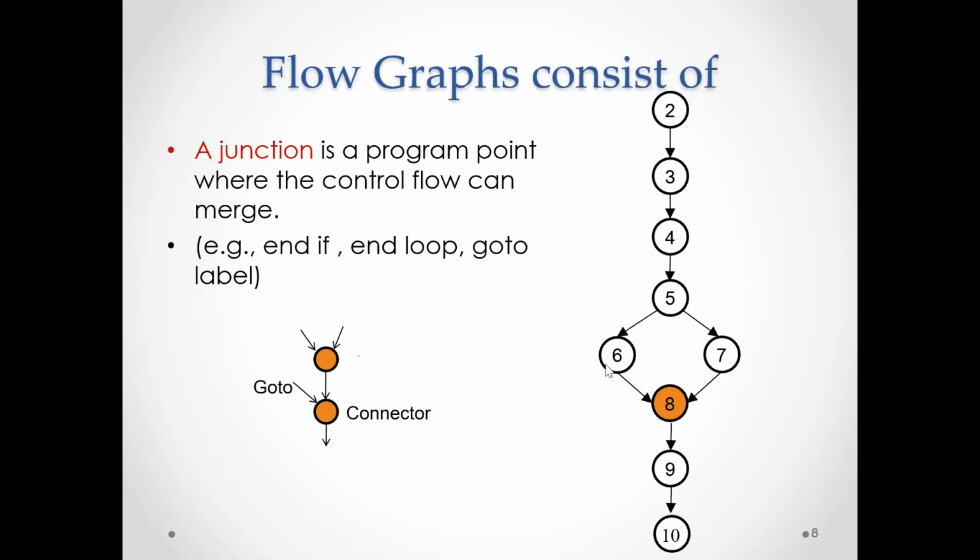Your statement 6 is executed, where should it go? If your statement 7 is executed, where should it go? It should go to one more statement which is common for these two statements. Whichever is executed, it should come to this particular thing. We call that a junction point, or else it's also called a connector.